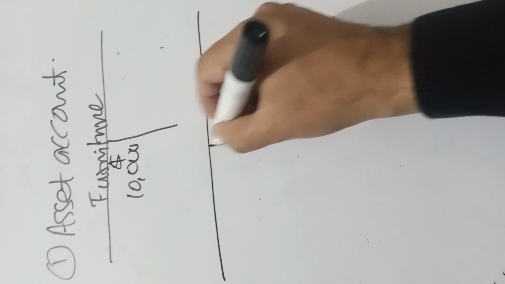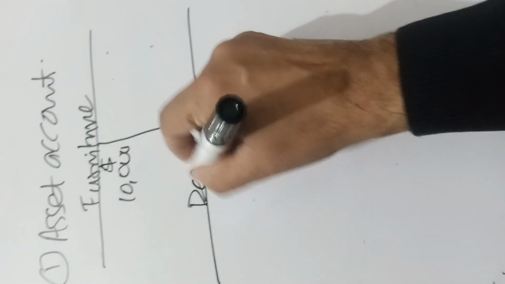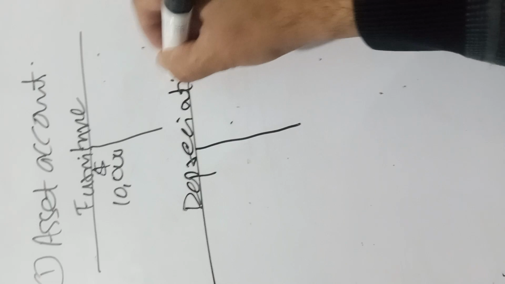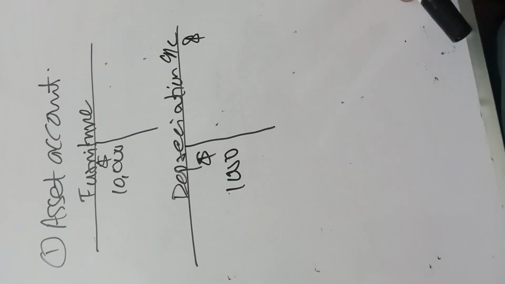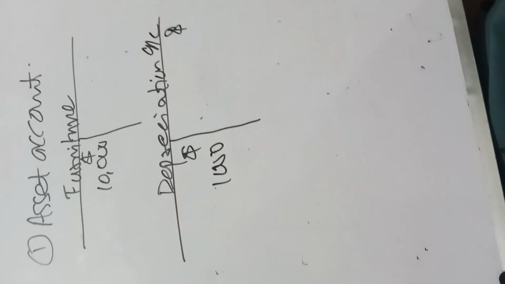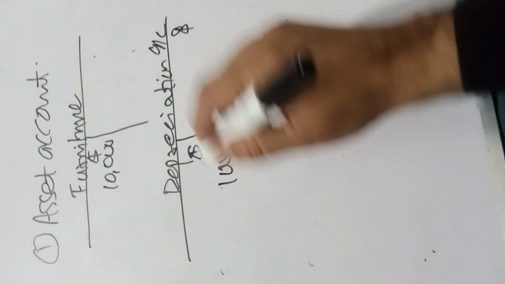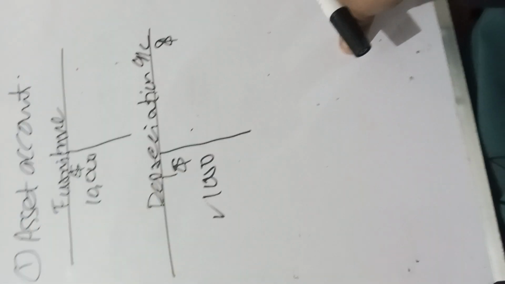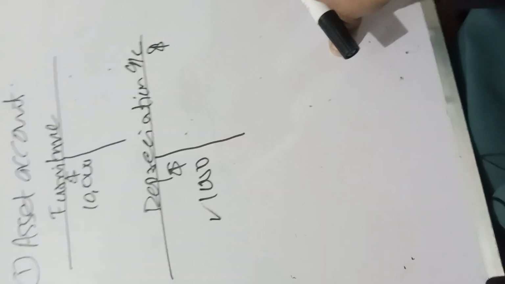And the examiner asks you to calculate depreciation, which is an expense. This will be the debit of depreciation in every year. First year, second year, third year and fourth year, every year you will charge the same amount.